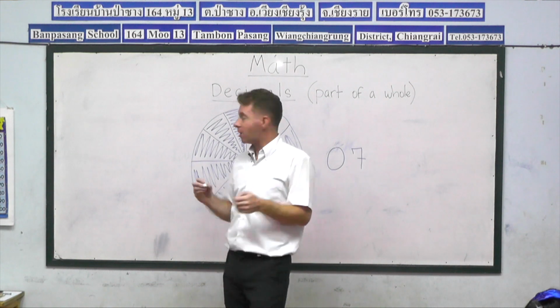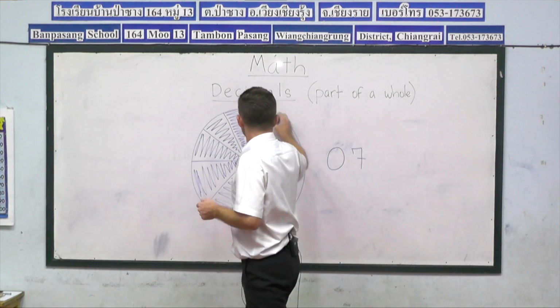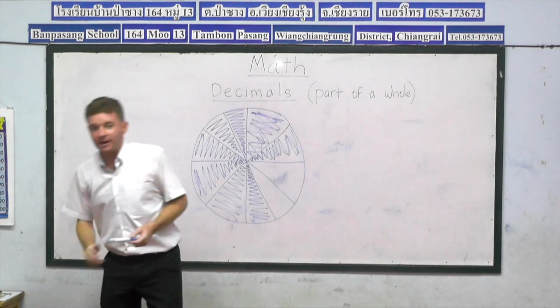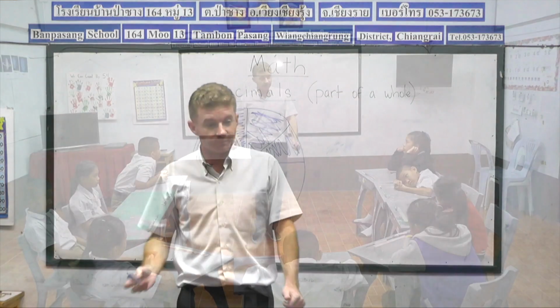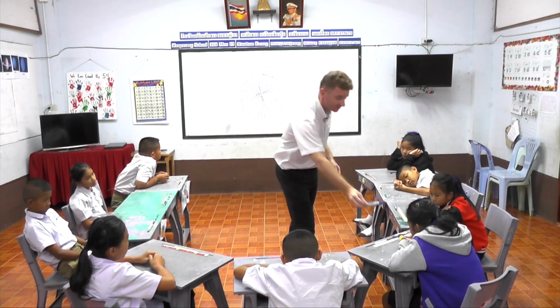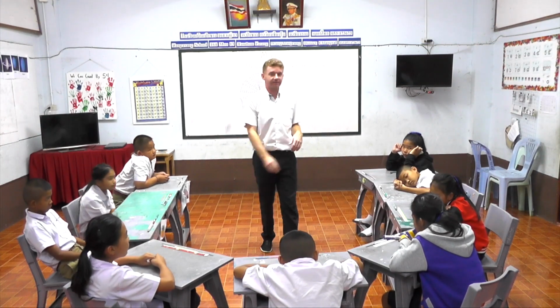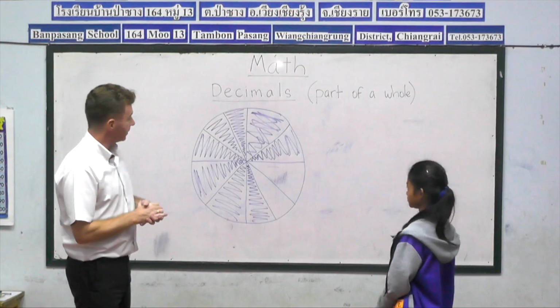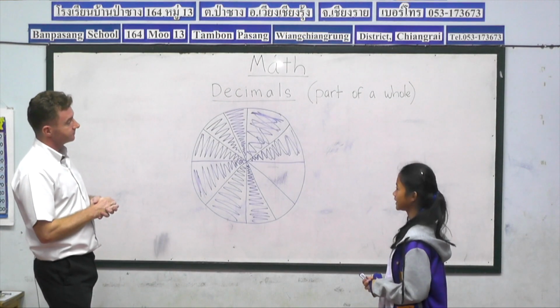Okay, next part. We're not at 0.7 anymore. And maybe Dan can tell us what the next decimal will look like. So Dan, come and join me at the front. What is it now, Dan? 0.8. Perfect.